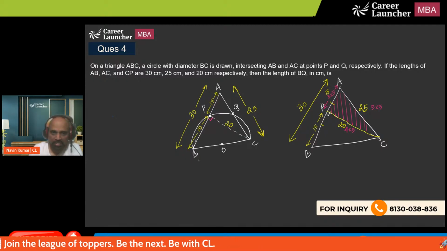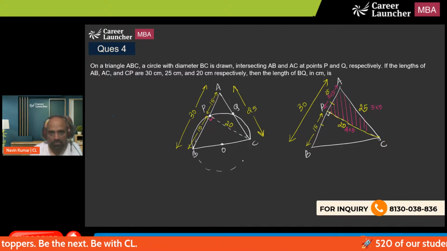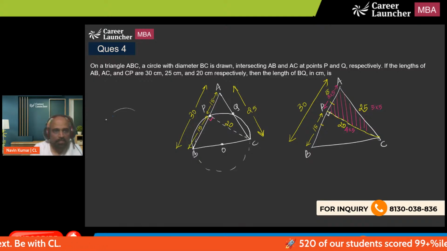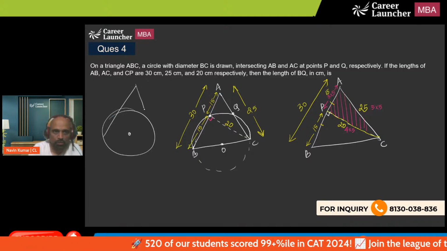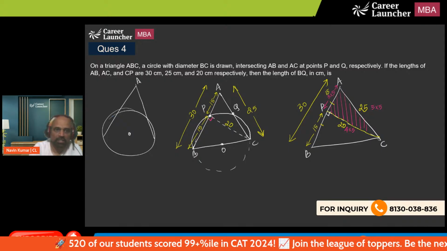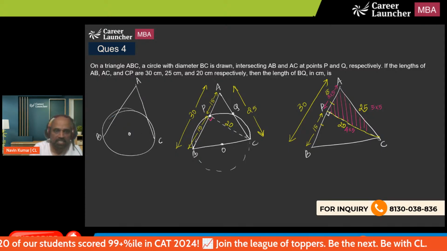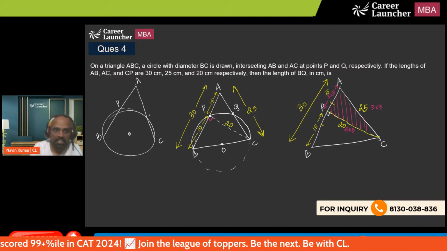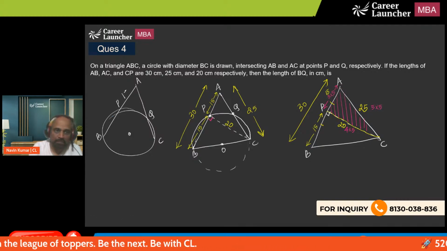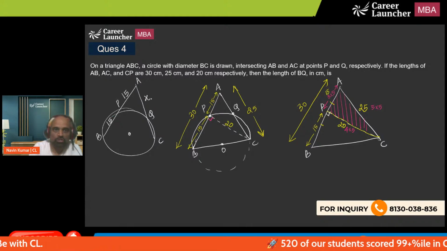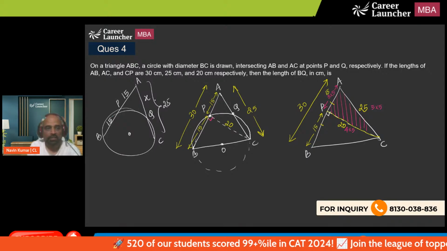If I complete this circle with center as O, the next part is, if we have a circle with center O and then there are two chords that meet outside, the chords being PB and QC, they meet outside at A. And if we know that AP is 15, BQ is 15, AQ is not known, and AC is going to be 25.